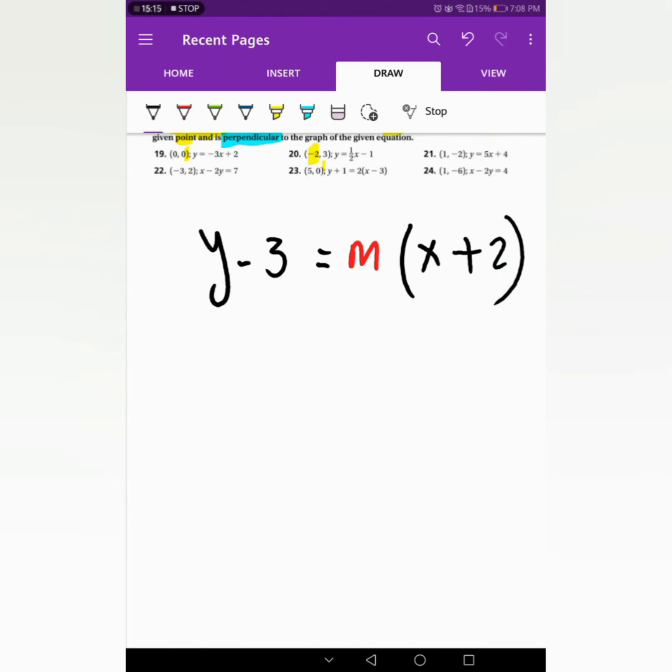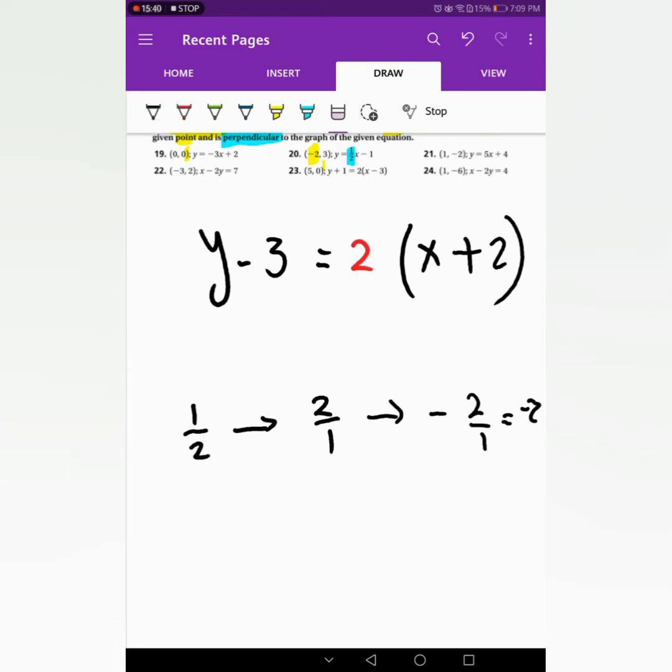What about the slope for the perpendicular equation? See here, I have 1 over 2. I will take it here. 1 over 2 will be 2 over 1, and then negative 2 over 1, which equals negative 2. So instead of the m, I write negative 2 here.